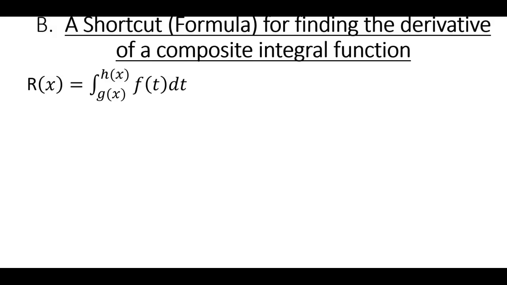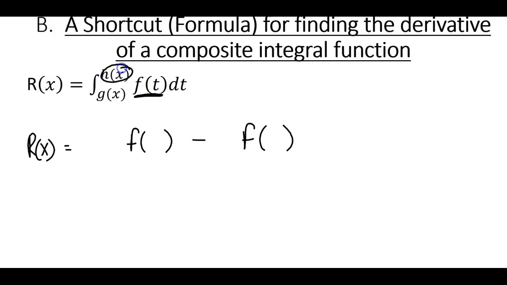So that brings us to our shortcut, which is really just a formula of how to find a derivative of a composite function. And here's what we found. We're going to integrate this and it's going to become something else, but then we're going to take the derivative of it, which sends it right back to being normal. So you're going to have this same function written twice. Because you integrate it and then take the derivative of it, which just takes you right back to where you were.